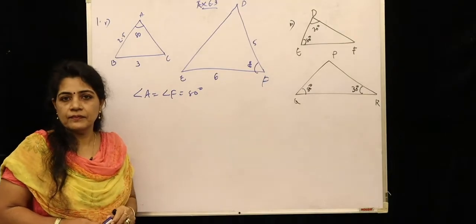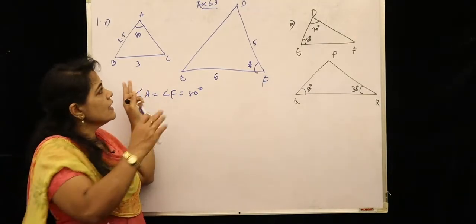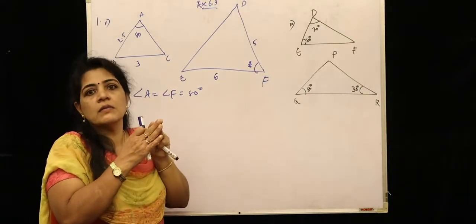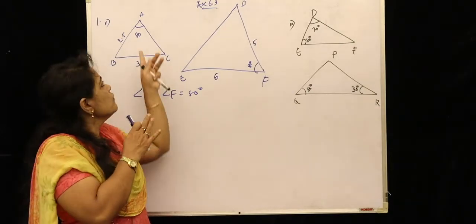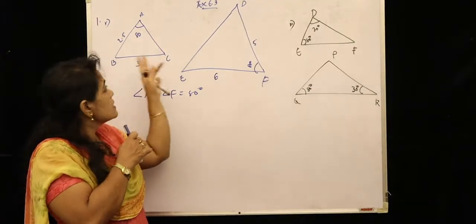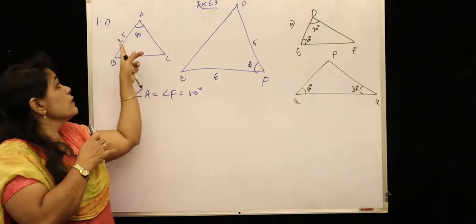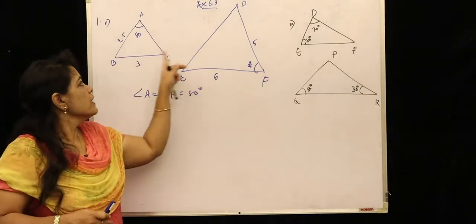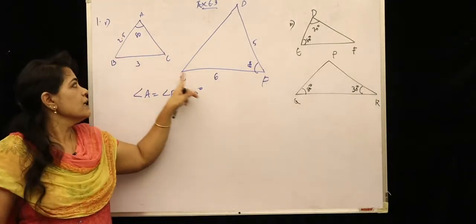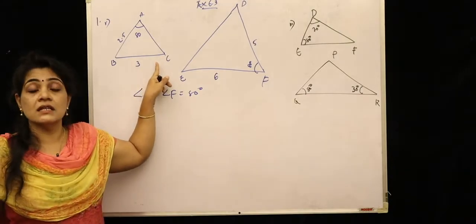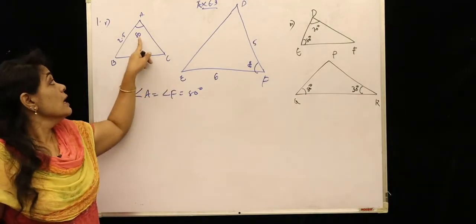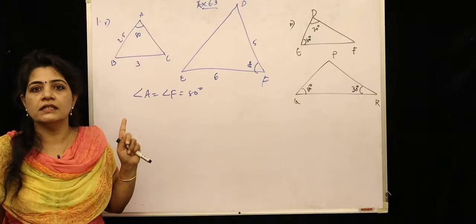In order to say that these two triangles are similar, even if these angles are the same, the sides also must match. You can see 2.5 and 5, here 3 and 6, but this BC is not a side including angle A, that is 80 degrees.